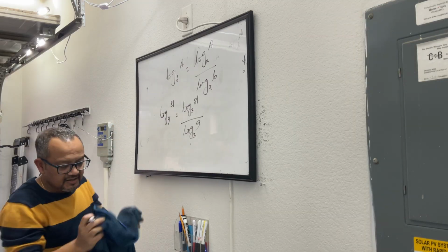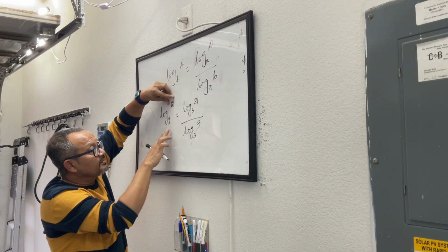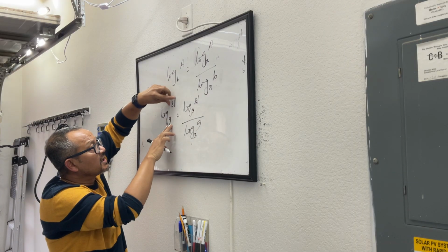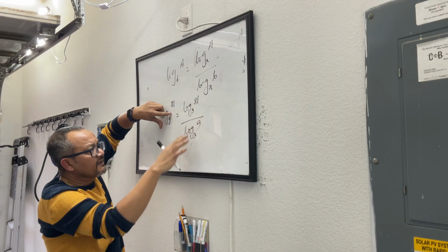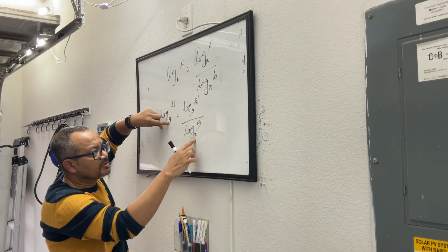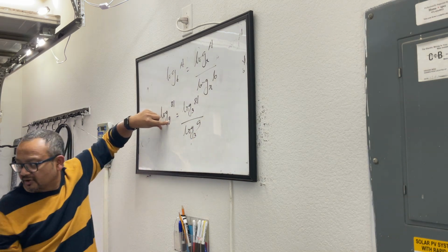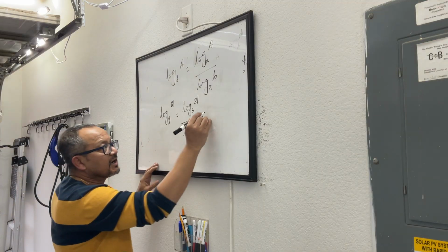So here, I said log of this base 9, I can convert that to log of 81 base 3 divided by log of 9 base 3, meaning my base for numerator and denominator both are the same. And we are trying to see if this whole thing gives me a 2 or not. Now look at this.